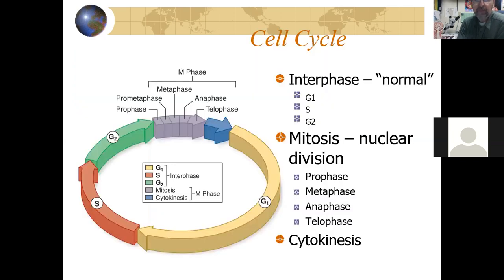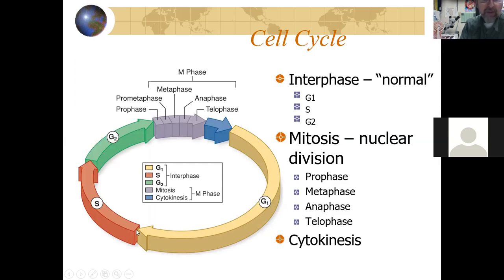Okay, another really important set of things that occurs in cells is cell reproduction. Cells go through a cycle called the cell cycle. Most of the time they spend in interphase, where they do their normal growing and functioning, but eventually they decide to reproduce.